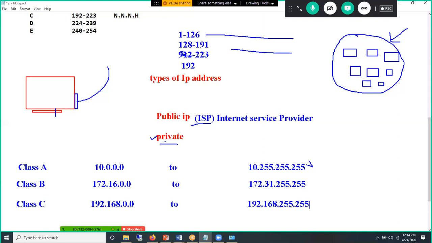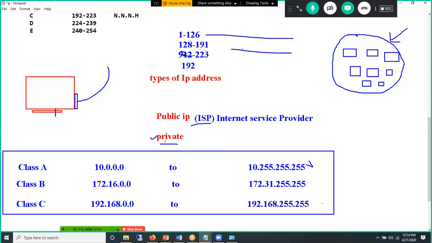That means whenever you make your local network, your private network, compulsorily you have to use these IPs, and you don't need a license. I'm expecting some questions here. Any doubt?